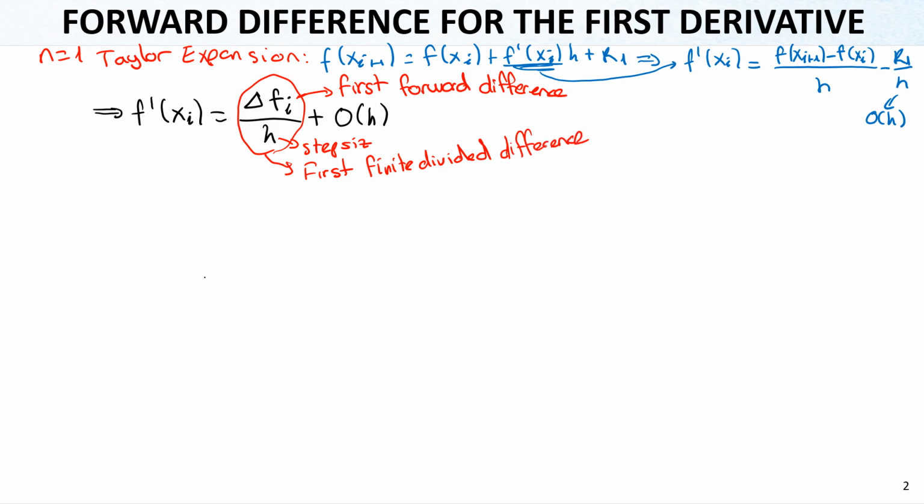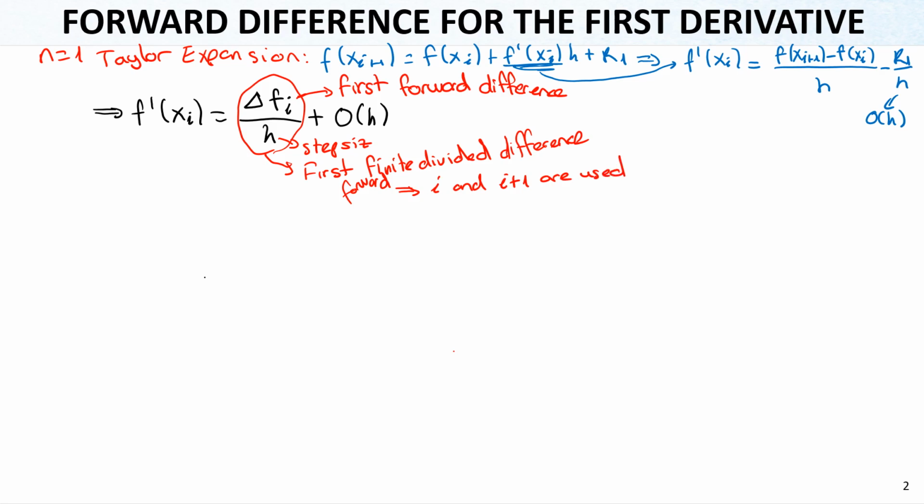Actually, first forward finite divided difference, we can say also. Forward finite divided difference. And we use forward because the data at i and i plus 1 are used.